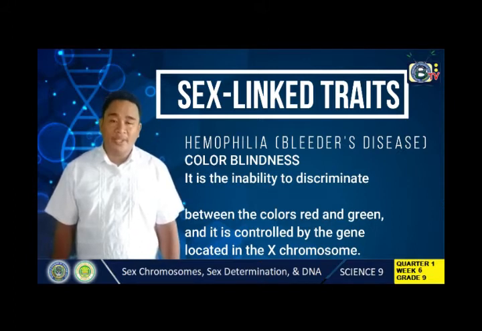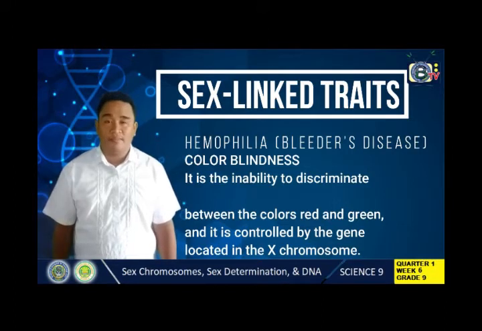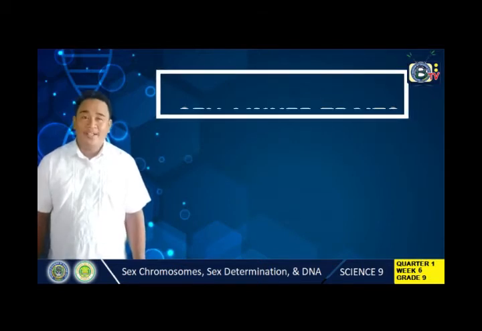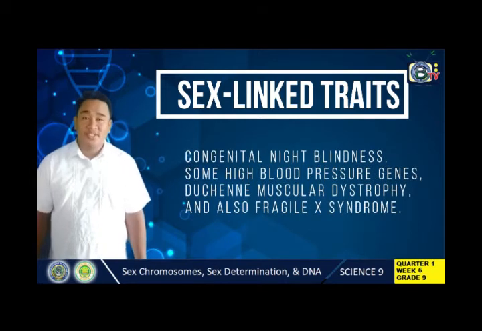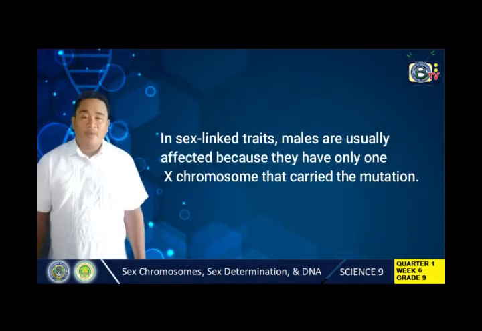It is the inability to discriminate between the colors red and green, and it is controlled by a gene located in the X chromosome. Some other examples are congenital night blindness, some high blood pressure genes, Duchenne muscular dystrophy, and also Fragile X syndrome. In sex-linked traits, males are usually affected because they only have one X chromosome that carries the mutation.